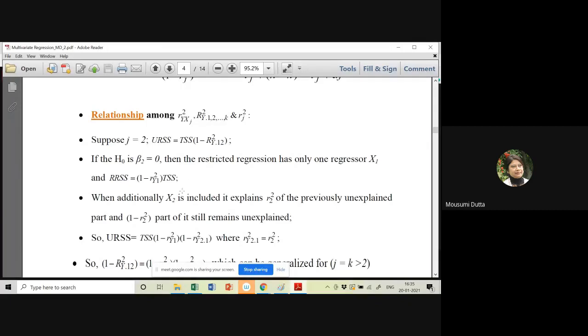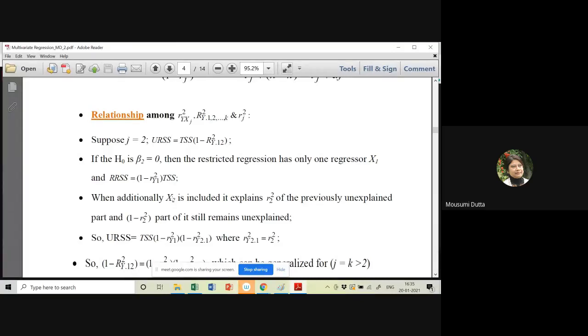So when a new variable is there, a part of RRSS will be explained, and that part will be R square of this one.